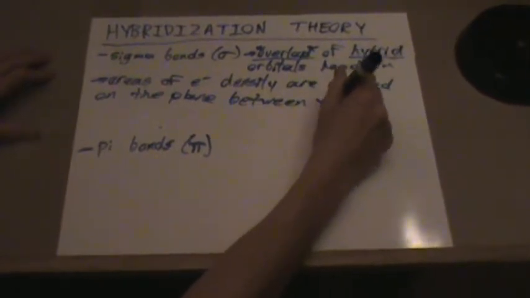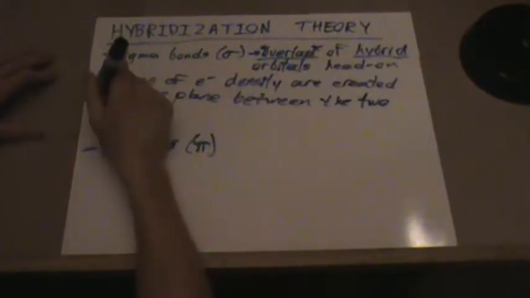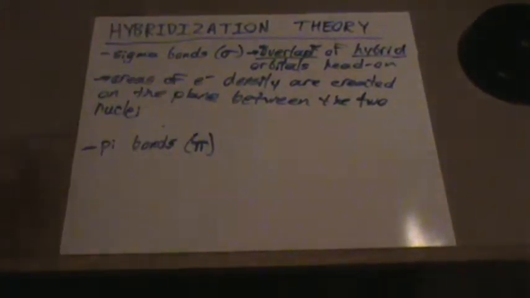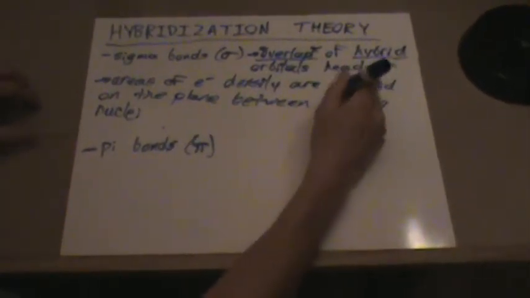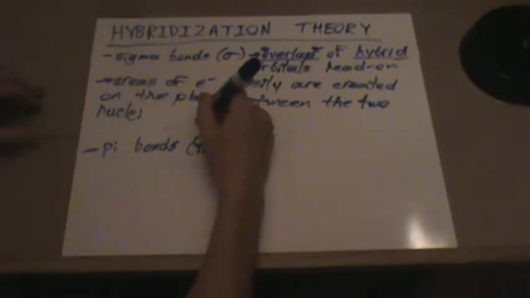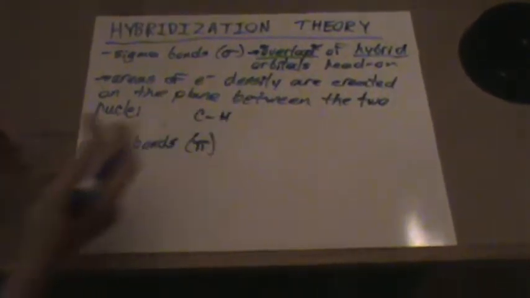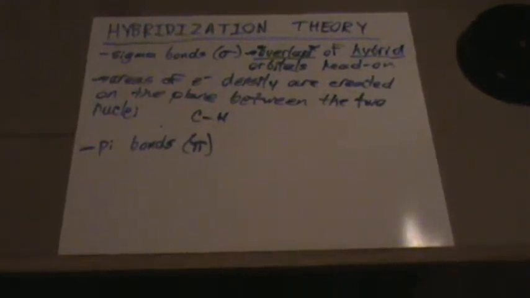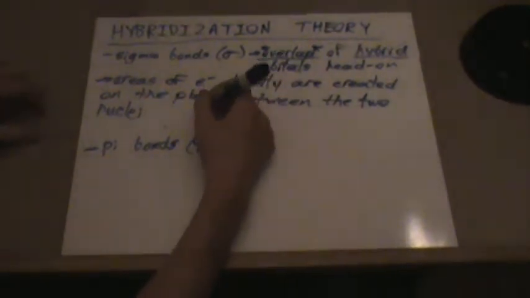And what this means exactly is that when this CH bond is formed, the molecular orbital that is created will always keep the electrons that are possessed within it on the plane between the hydrogen and the carbon.